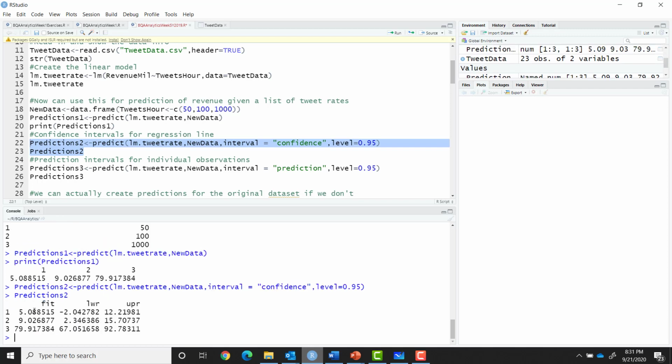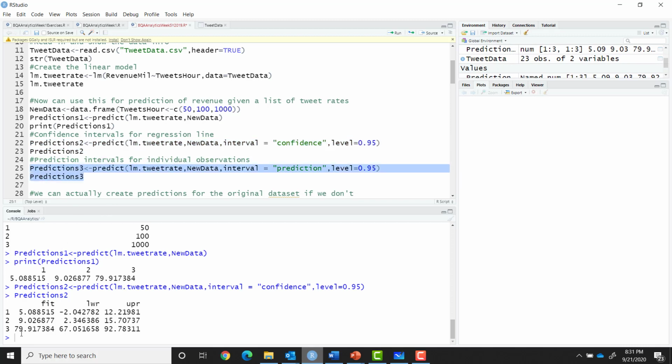So for each of these values, we get the predicted values we had before, and then we get an upper and lower confidence interval. Now note this is negative. Again, we've got a very low value. It's quite a hard thing to predict movies just from tweet rates, so we actually get this kind of nonsensical prediction that it's going to be between -2 and 12.